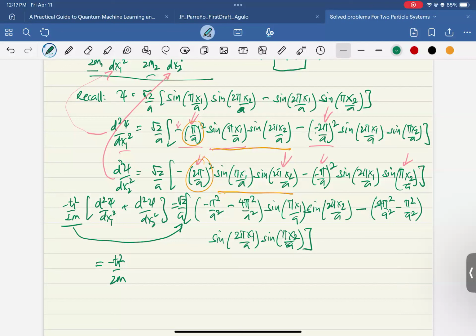Okay, so common term naman sa kanila yung negative pi squared a squared. Okay, so negative 5 pi squared a squared.